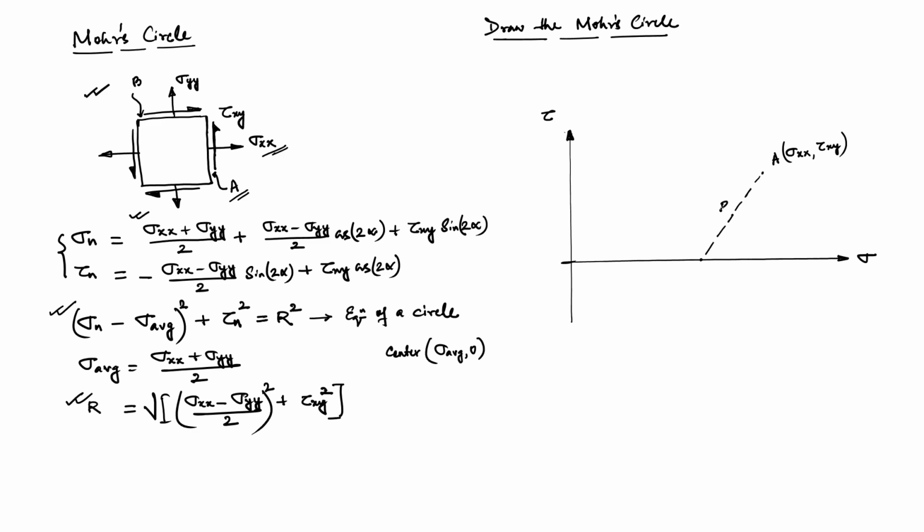So, this is r, and let us mark this point sigma average comma 0, and we have this point, its projection on x axis shows sigma x, actually sigma xx, and this is our tau xy.